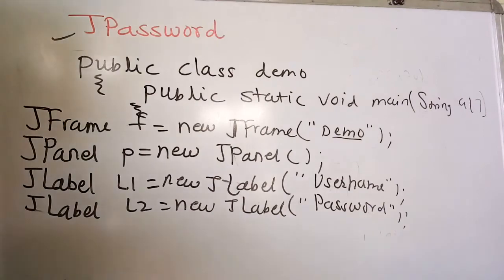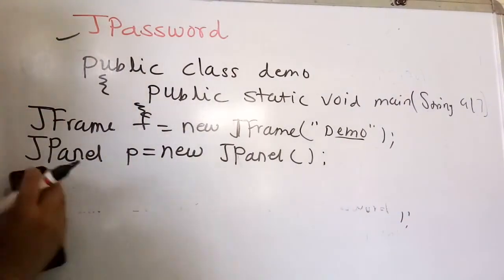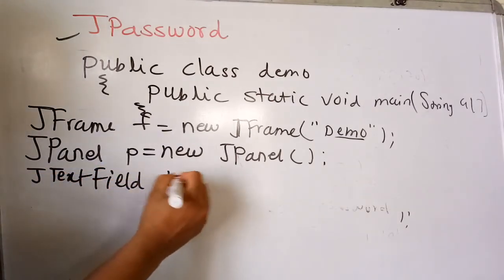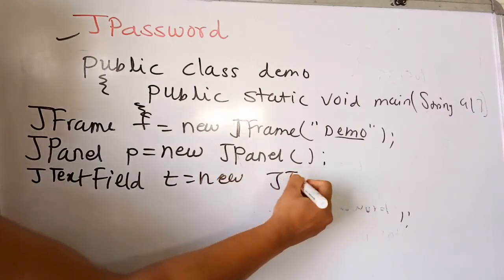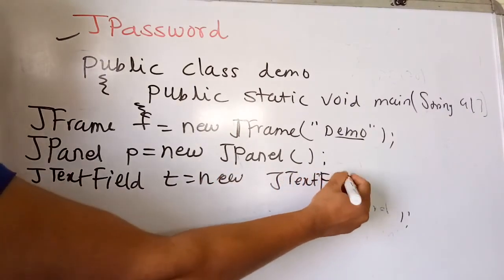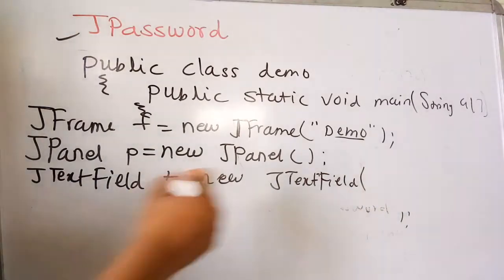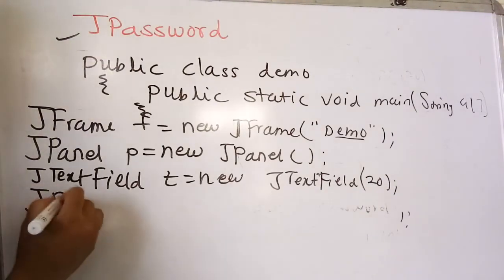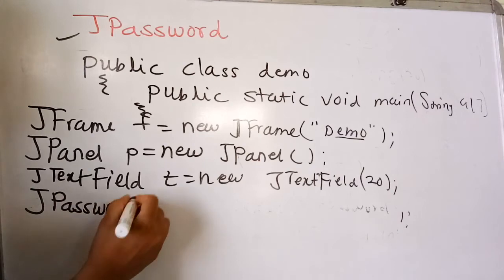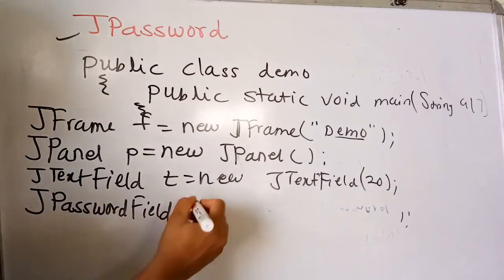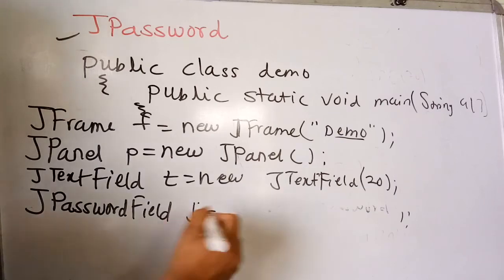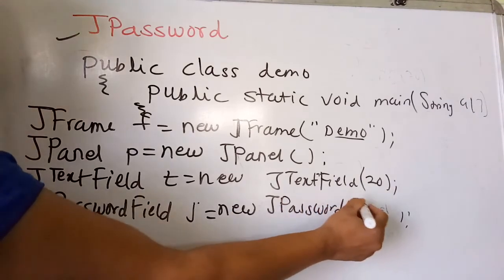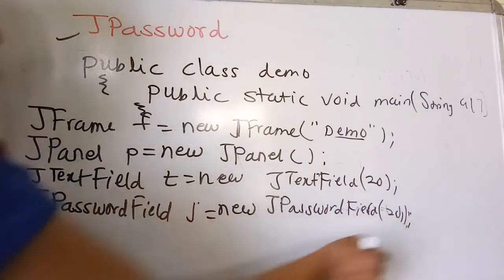So we will take the next component, JTextField type T equals new JTextField, for accepting the username, and suppose its size is 20. Then we have to use the JPasswordField, that is JPasswordField type J equals new JPasswordField, again with some size.